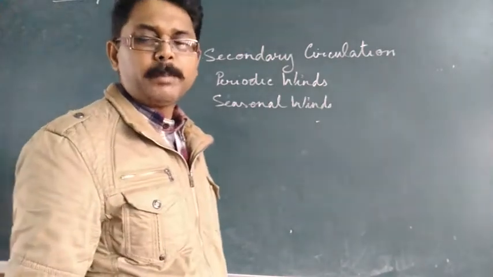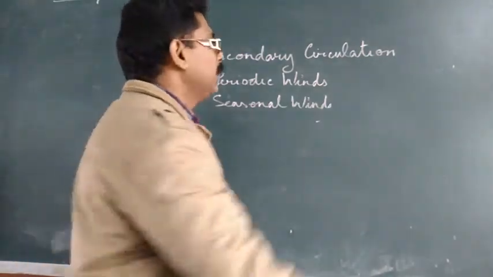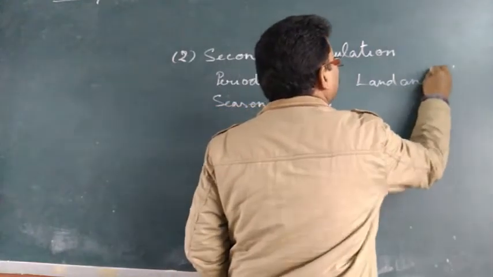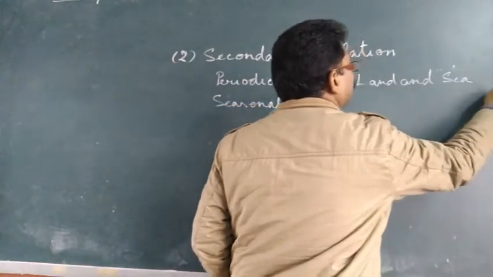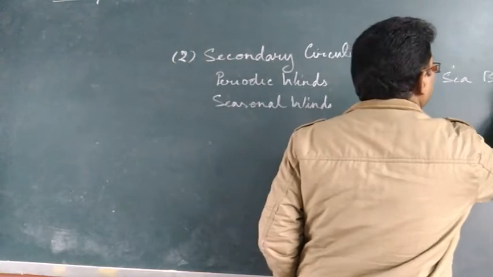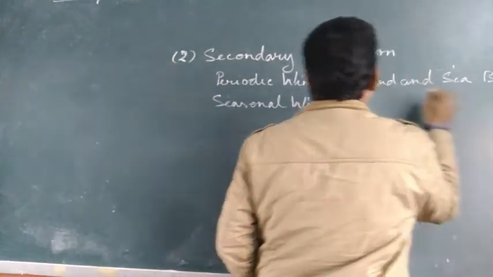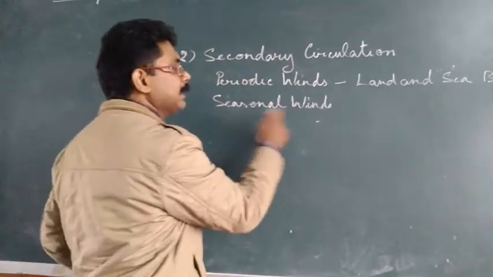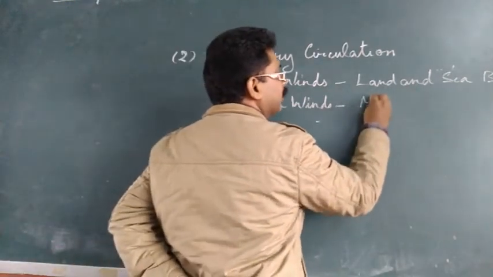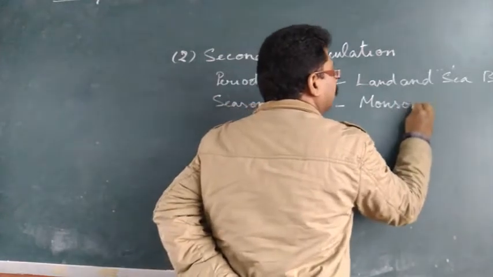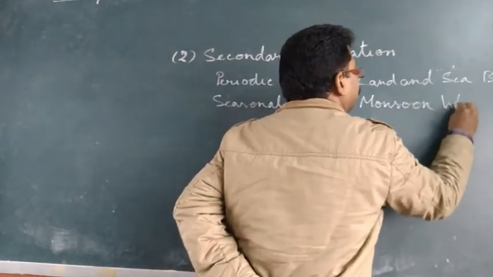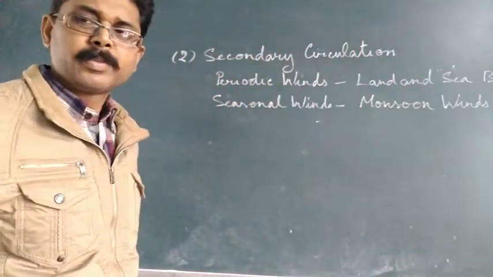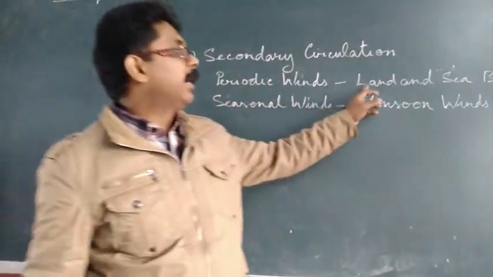When we talk about periodic winds, examples are land and sea breeze. Seasonal winds means monsoon winds. Now all of you know about the land and the sea breeze.